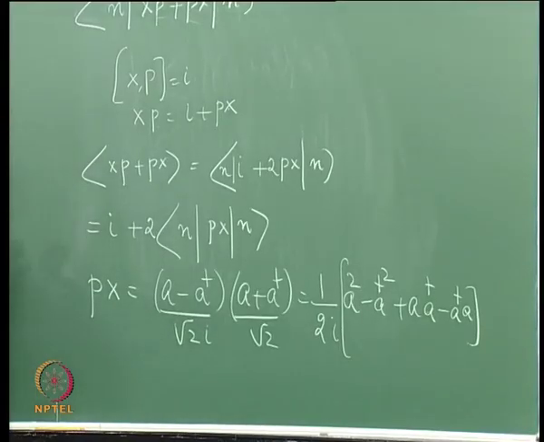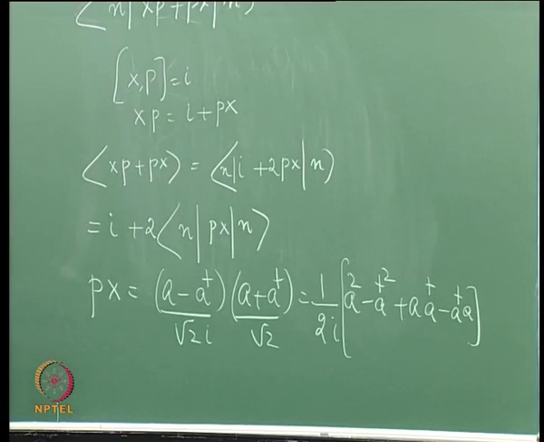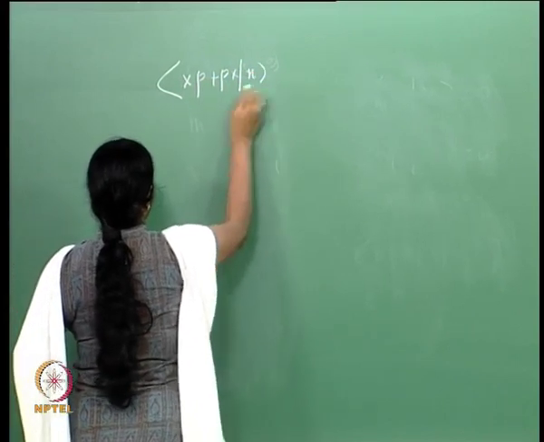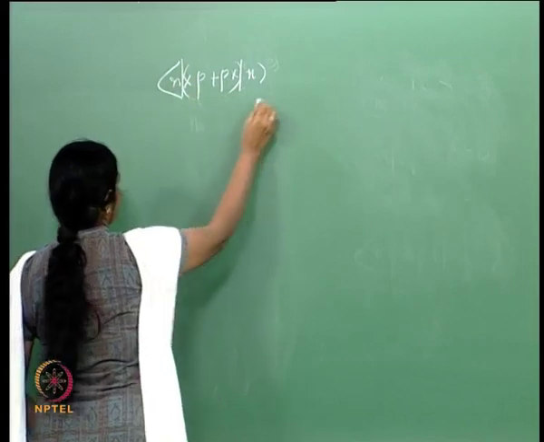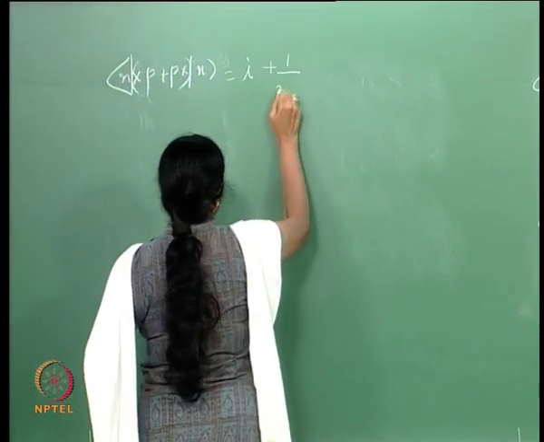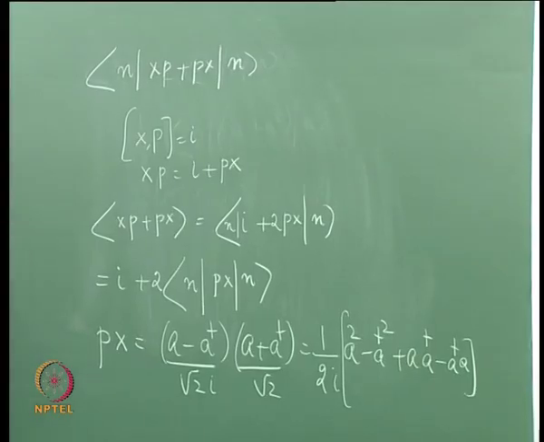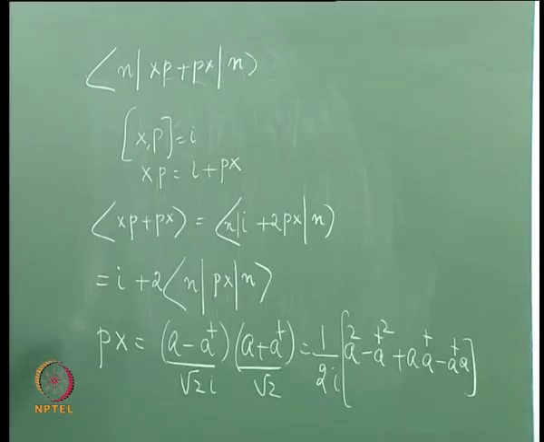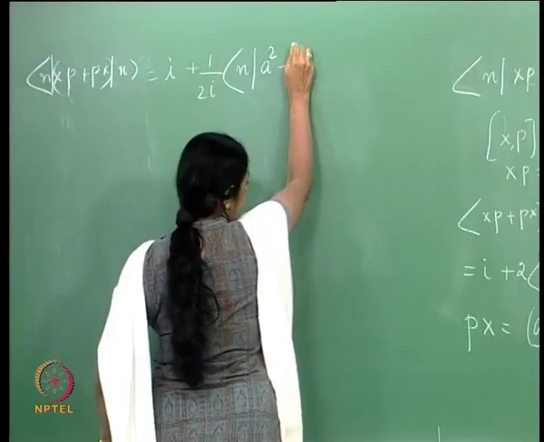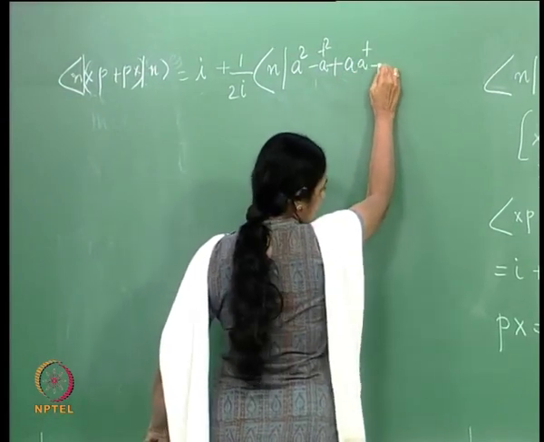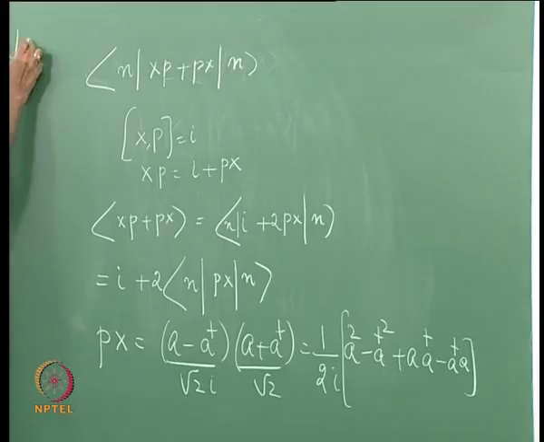I use this and I find out expectation xp plus px. So, I get expectation xp plus px in the state n is i plus 1 by 2 i expectation of (a squared minus a dagger squared plus a a dagger minus a dagger a) in the state n.